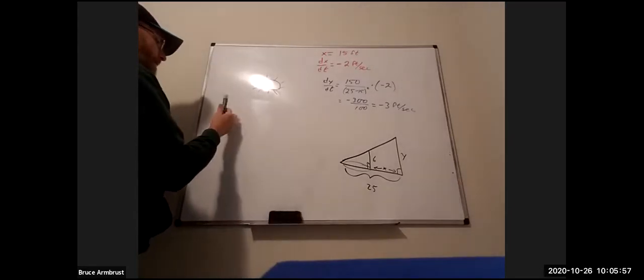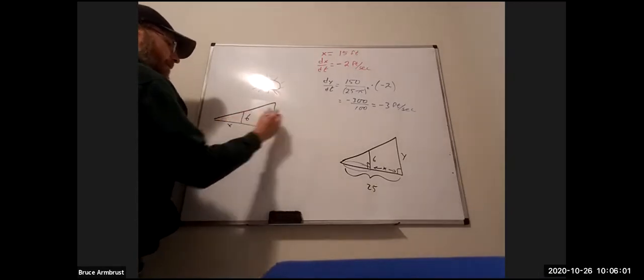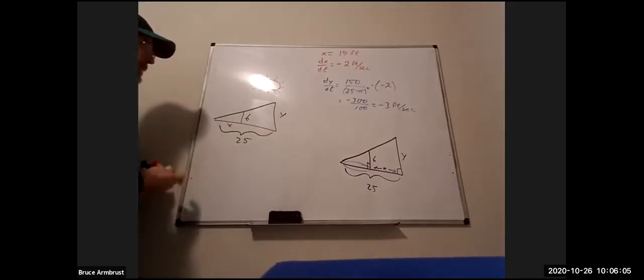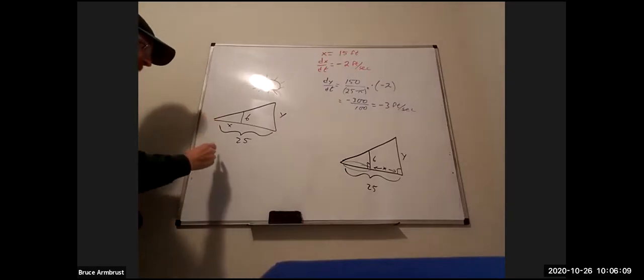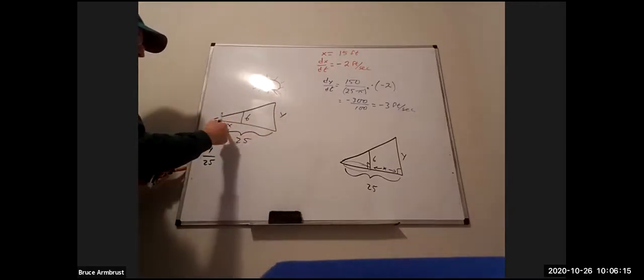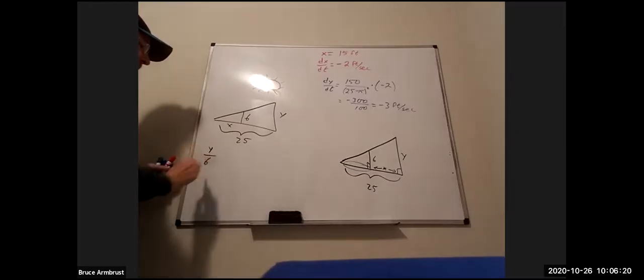So my picture would have looked like this. So if I had done the similar triangle stuff, I would have gotten the y over 25. So the big height to short height was y over 6.